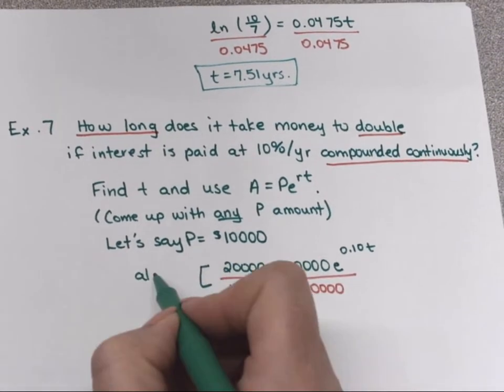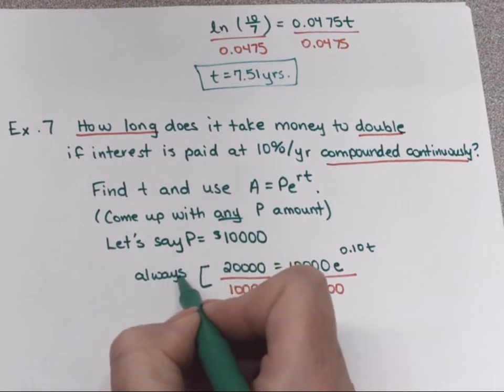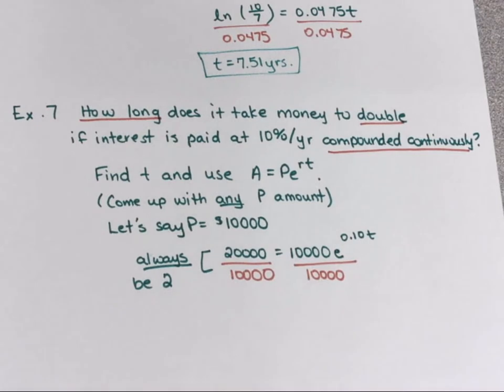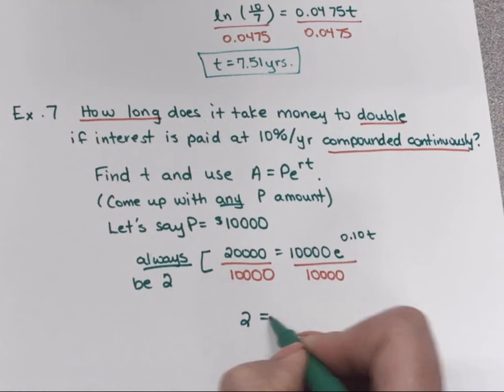Well, not when we have the bigger number on top. This would always be 2, because it's doubling, right? If it were 5,000 versus 10,000, 10,000 divided by 5,000 would be 2 also, right? If it was 1,000,000 and we doubled it to 2,000,000, it would still be 2, because when you divide it, you're still going to get 2 no matter what. So that's why it actually doesn't matter what we start with here.